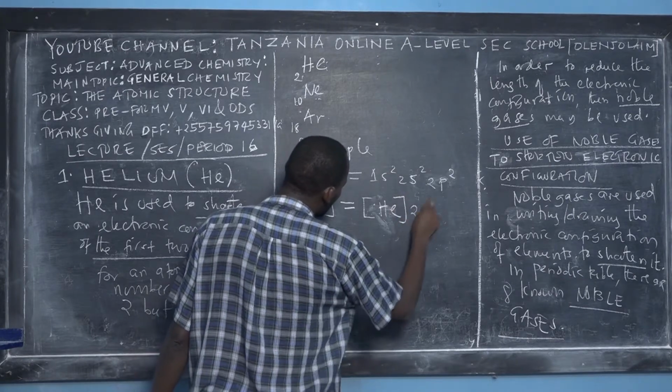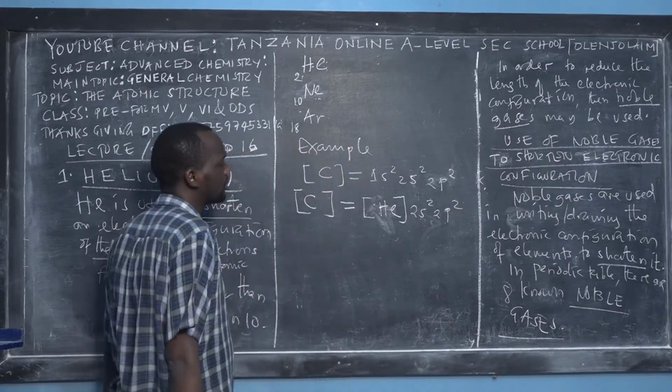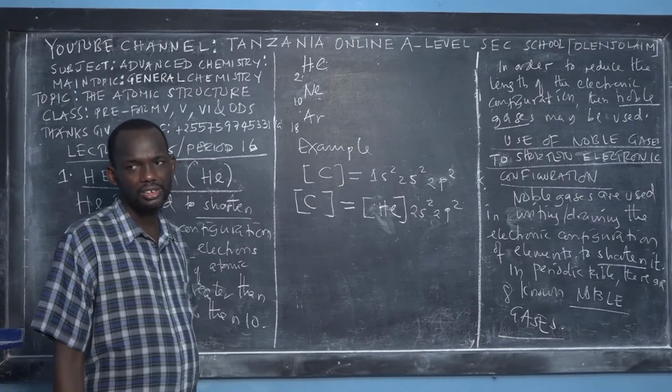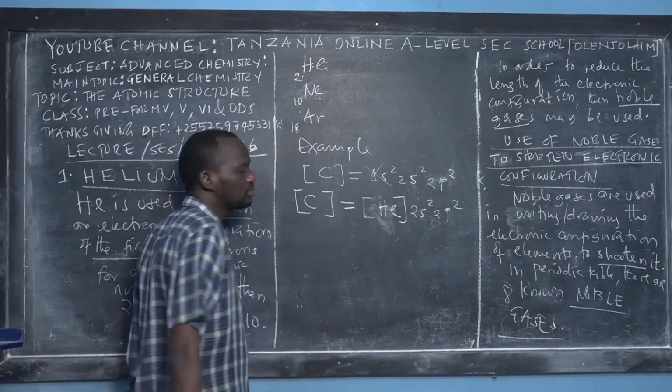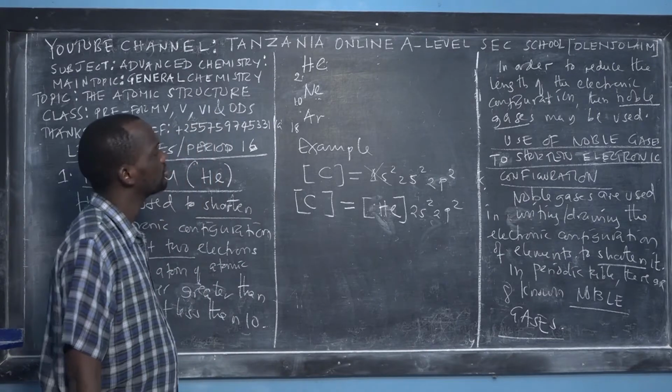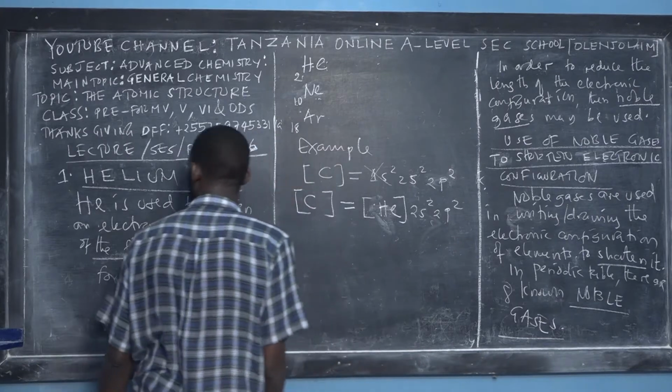The next is 2s squared, then 2p squared. So I have replaced this by helium. That's the first noble gas.